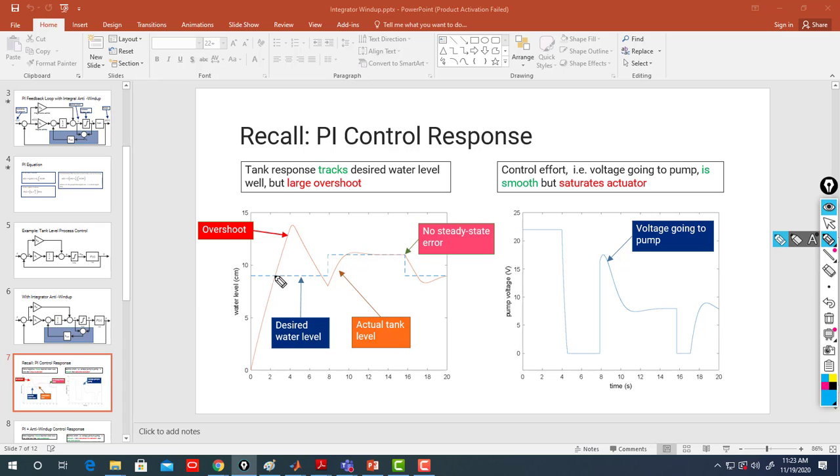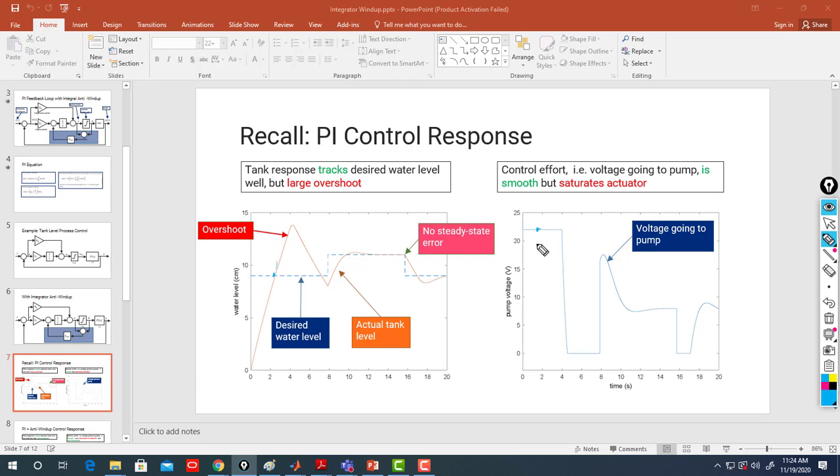We reach the set point at 2, but it keeps going, so the water level keeps going up.